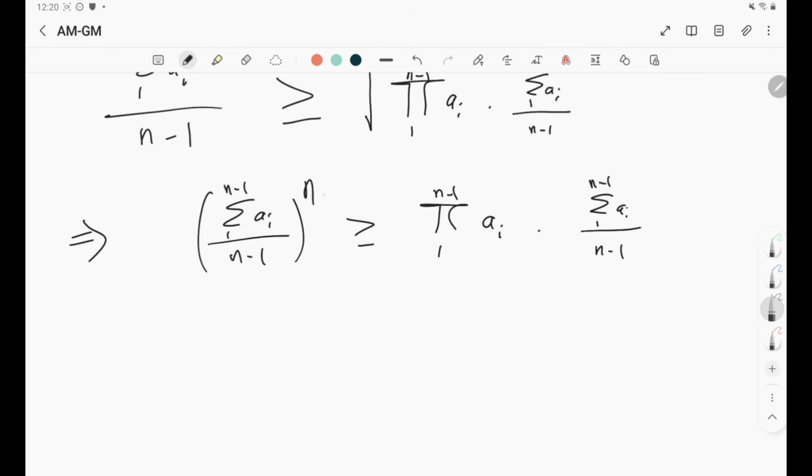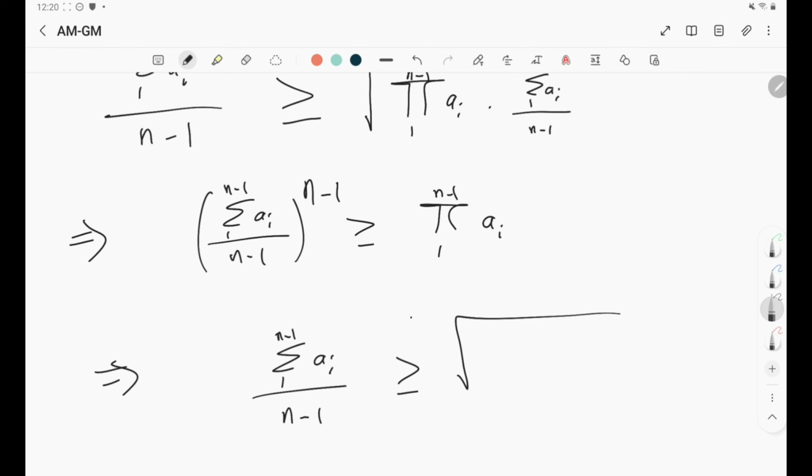Okay, I'll actually be doing it from here, just here. I will be erasing this. Okay, perfect. Now what's the only thing that we need to do? Notice that this is really the AM-GM that we are looking for, but we just need to take both sides to the n minus 1th root, and we'll be done. Notice this is the arithmetic mean, and this is nothing but the geometric mean, and we're done.